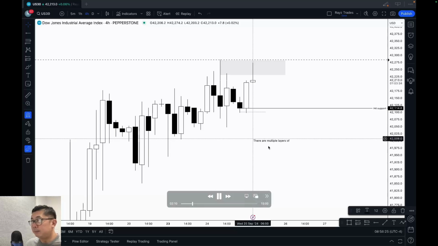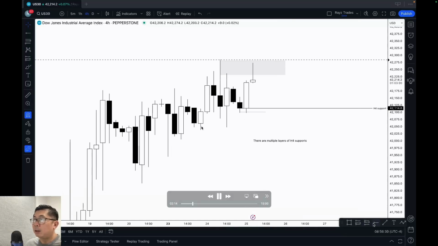And I wrote there are multiple layers of 4 hour supports, which are here, here, here, and here.